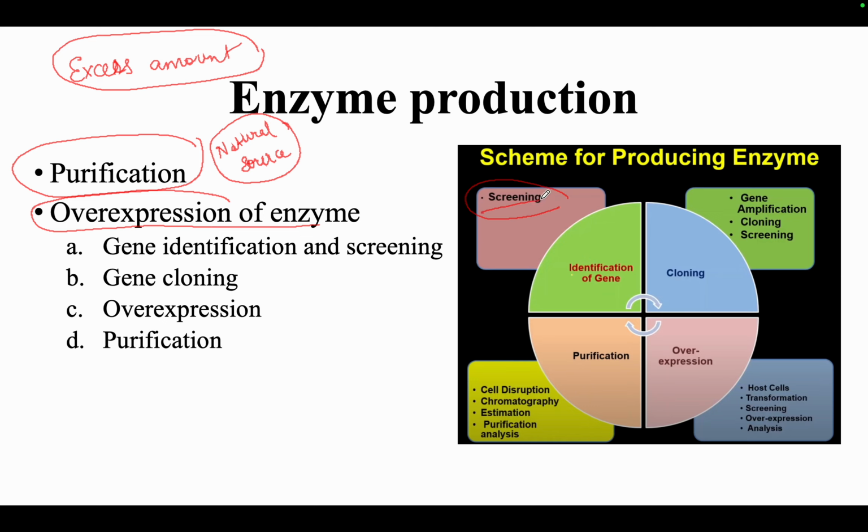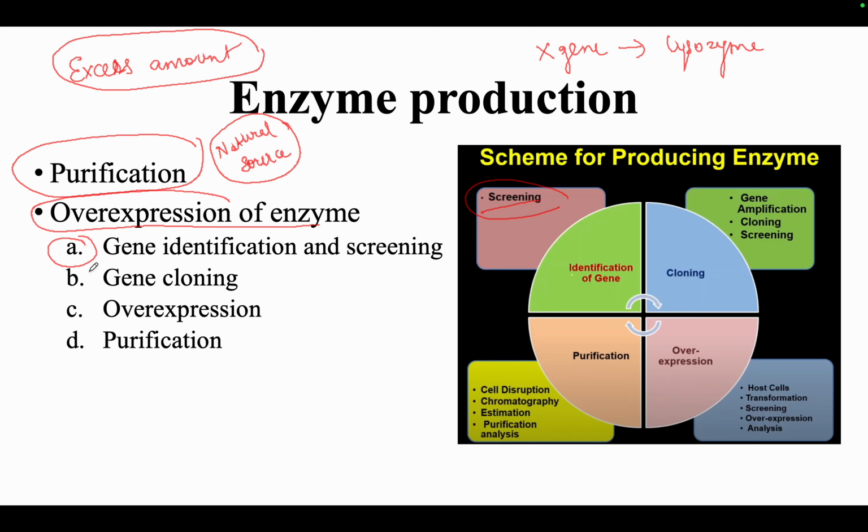The screening is the first step to identify that, okay, this X gene is responsible for lysozyme or any Y or A enzyme. That screening could be from multiple sources like various databases, or if you don't have any databases, then you need to find the gene by yourself by other methods. So the first step is gene identification.